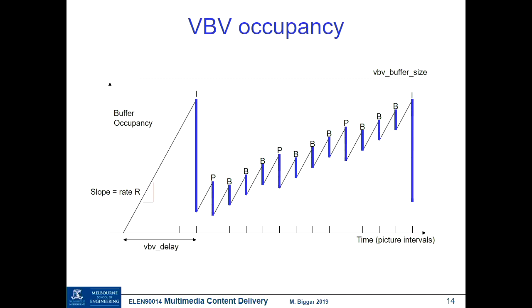And then, for all periods of time, we continue to fill the decoder buffer at a constant rate. That slope is always the same, but at regular frame intervals we read out the varying amount of data that describes each frame.